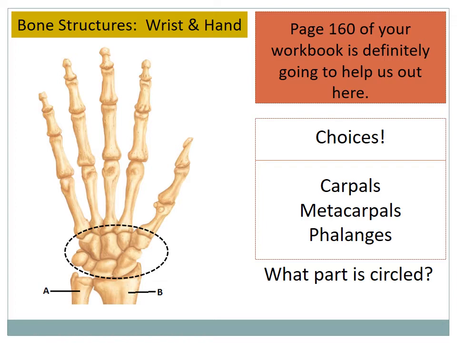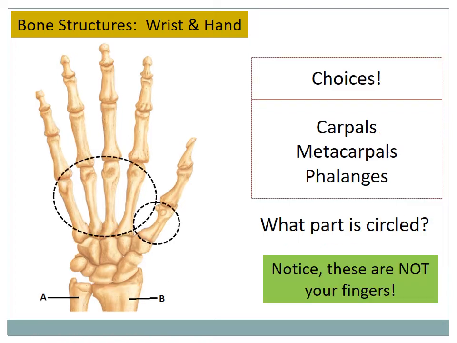So looking here at this circled part, what is this circled part? Are they the carpals, the metacarpals, or the phalanges? Yeah, those are the carpals. Those are like your wrist bones. You can think of them as your wrist bones. Again, don't need to know every single one of them. You just need to know that these as a bunch are called the carpals.